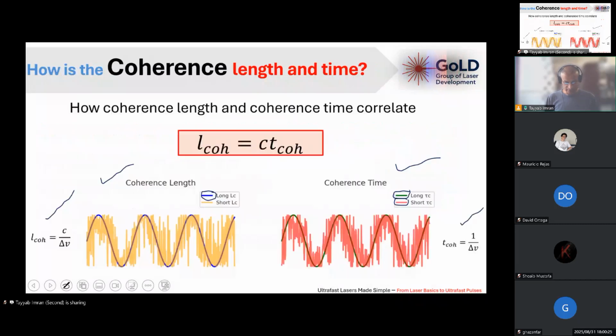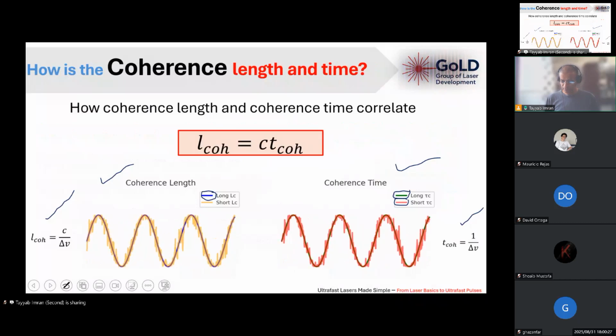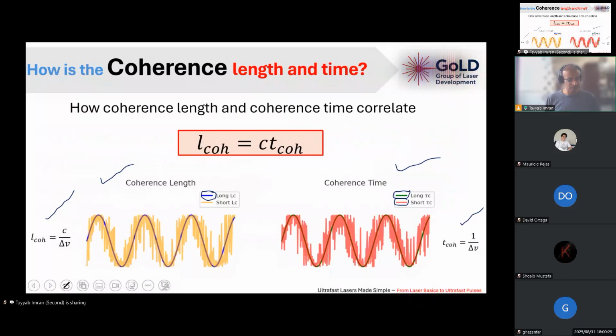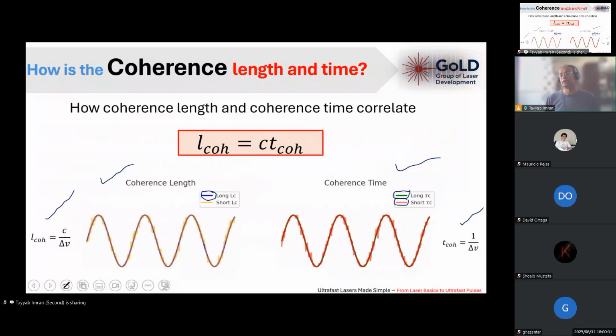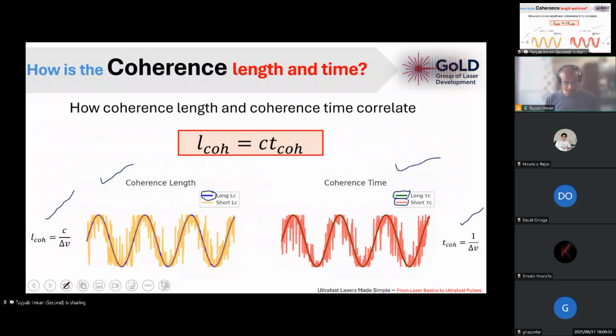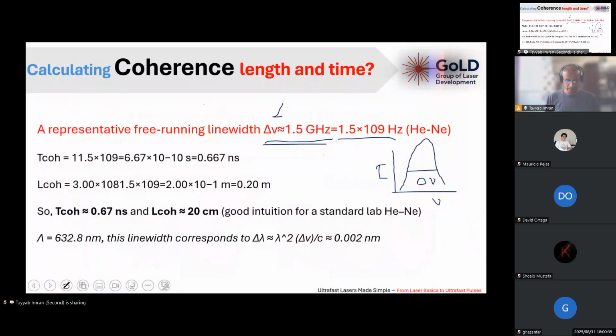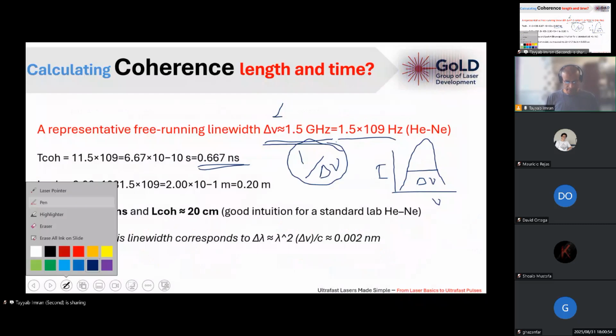If we have the time, this is t coherence equals 1 over delta nu. If you calculate this, it will be like 0.667 nanosecond.